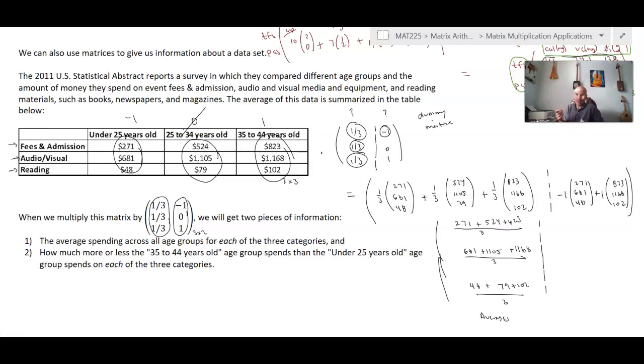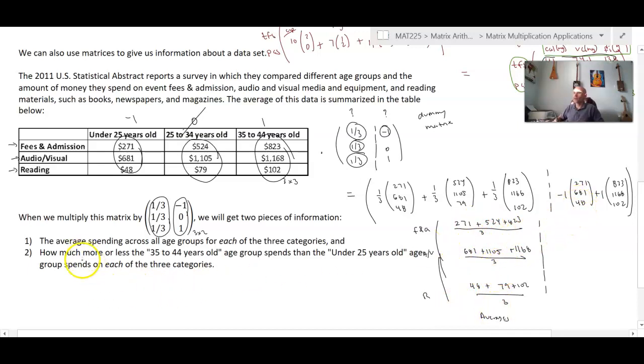They don't have any units, and unitless values are sometimes called dummy values or dummy variables. But what we have to remember is that this is still fees and admissions. This is audio visual, and this is reading down here. This is going to give me the average across all the 3 age groups.